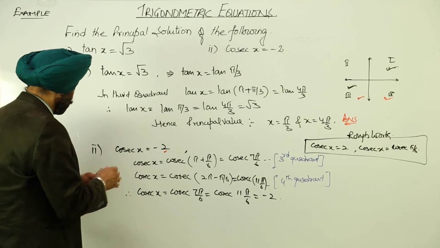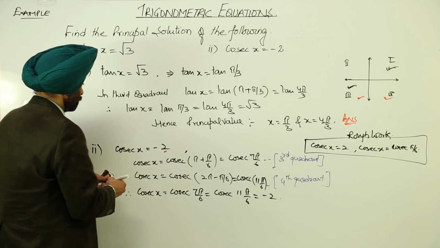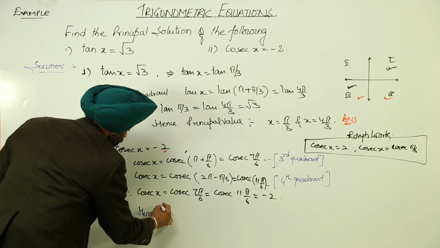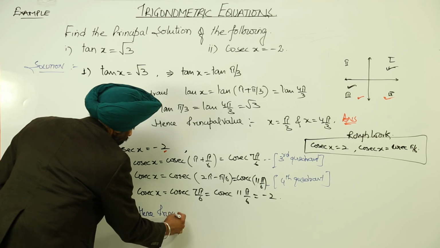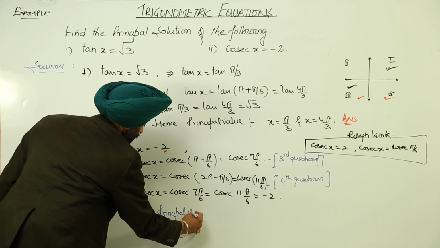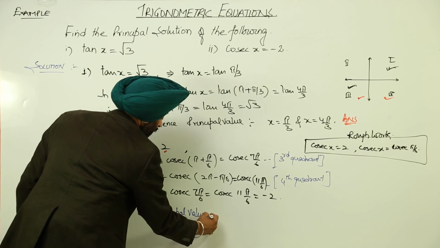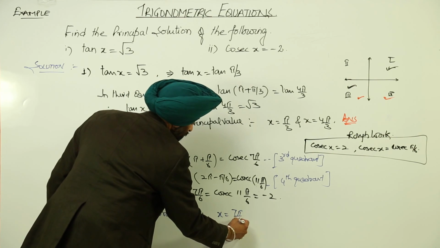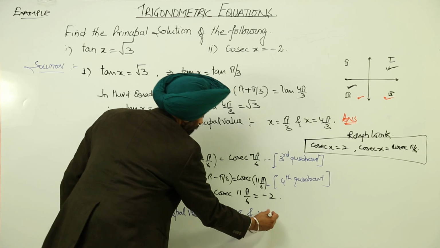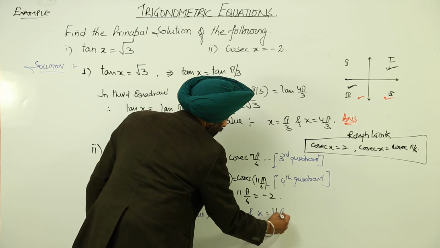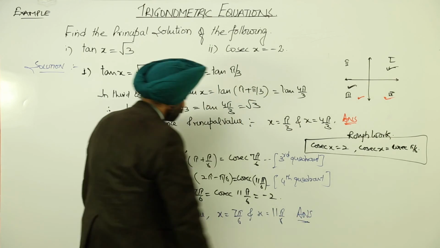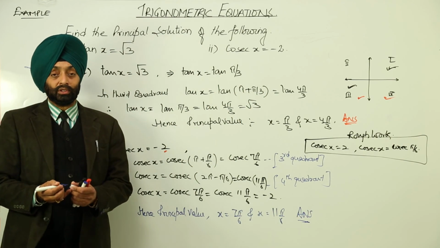Hence the principal values are x is equal to 7 pi by 6 and x is equal to 11 pi by 6. Answer. So like this we have to proceed for the principal values.